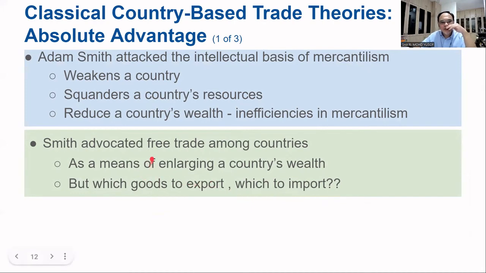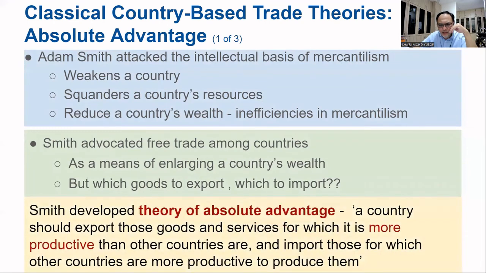If there is free trade between two countries, what should country A export? What should country B export? Or vice versa, import and export. In order for both to gain, especially in terms of productivity or effectiveness.